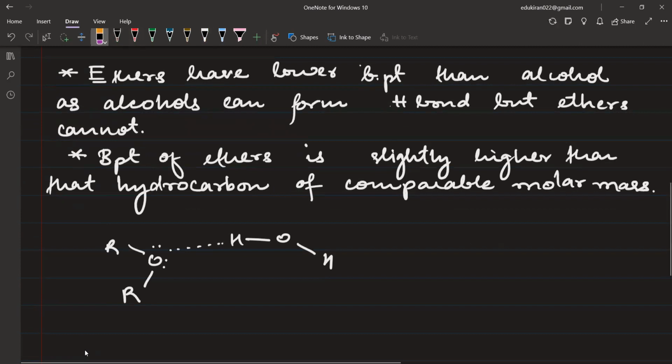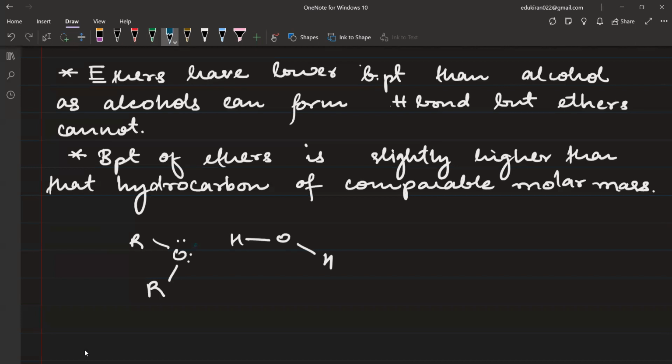In ethers, there is no hydrogen atom. That's why it cannot form hydrogen bond with itself, but it can form hydrogen bond with water because of the presence of lone pairs. Those lone pairs are electron rich, and they can interact with the electron deficient water. So this is delta positive, this is delta negative, and that is why these can interact and form hydrogen bond.